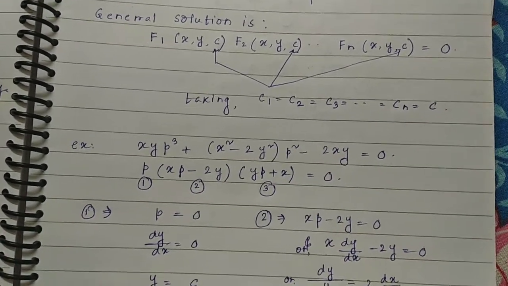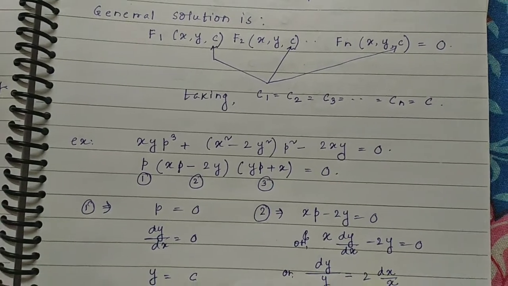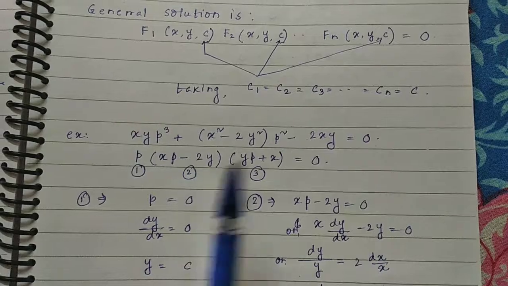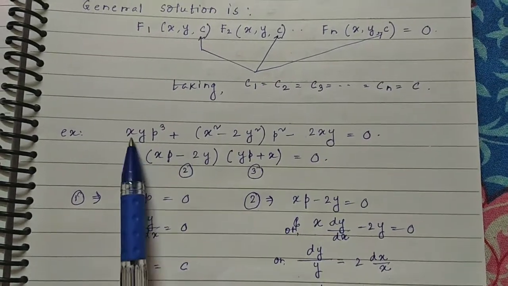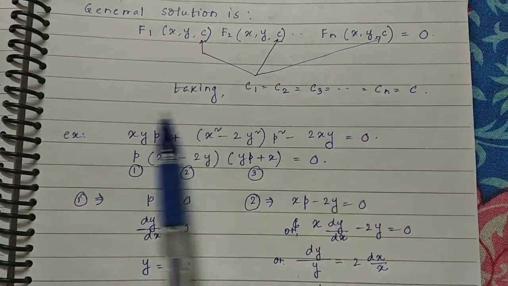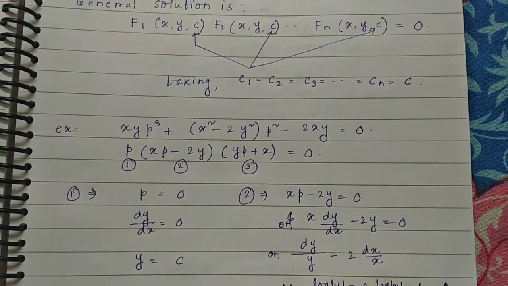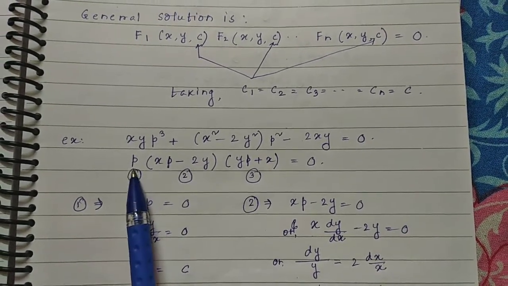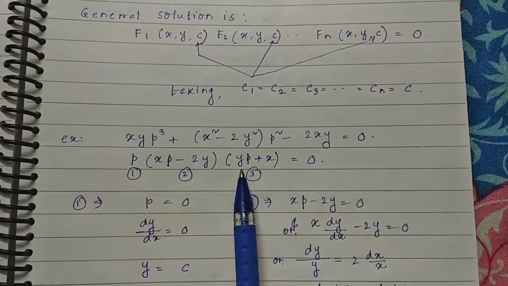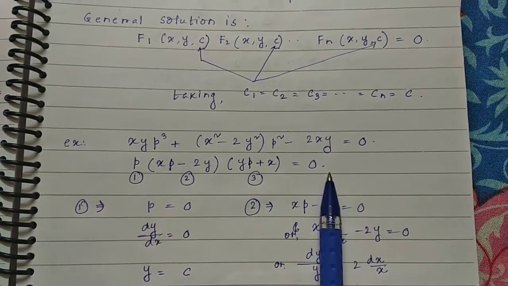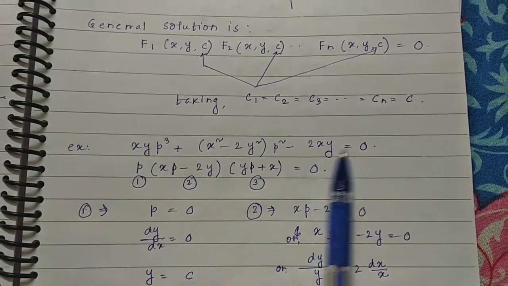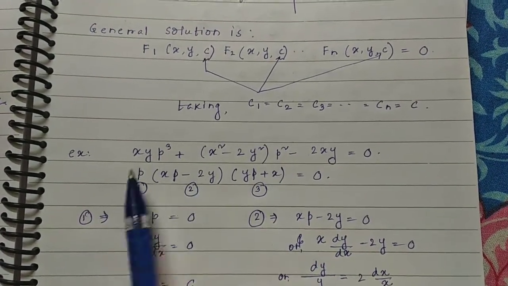You know your basic high school algebra, so I am leaving it for you to check on your own that this equation can be factored into 3 factors: p, xp minus 2y, and yp plus x, equal to 0.